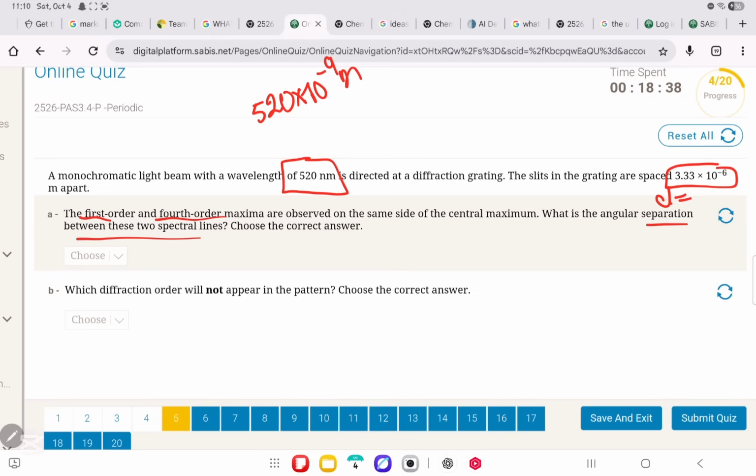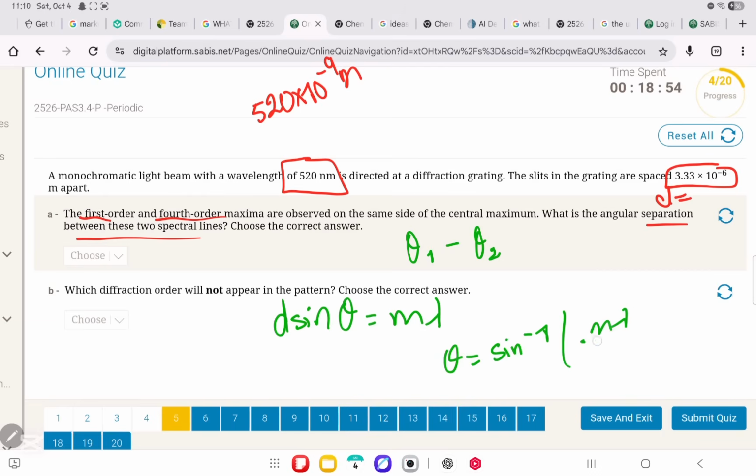Very simply, what does this mean? This means they want you to find theta 1 and subtract it from theta 2. How do we find theta in general? We use the equation d sine theta equals m lambda. So theta equals sine inverse m lambda over d. Perfect. So what does that mean?